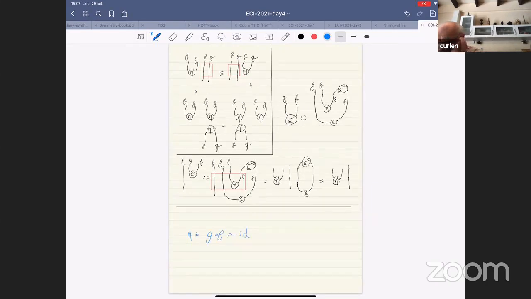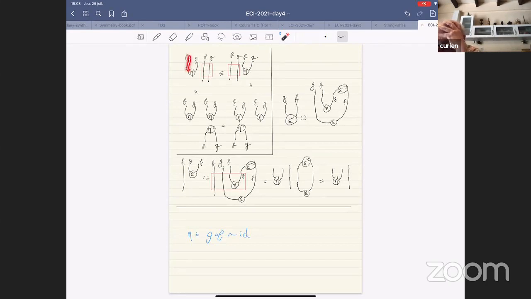The idea is that I will represent all this information in terms of diagrams, and the rule of the game is the following. In these diagrams, you will have strings. This is why it is called string diagrams. You will have strings like this one, like this one, like this one. Each of these strings will be a function or functor, but here it's a function, so it will be an arrow type.